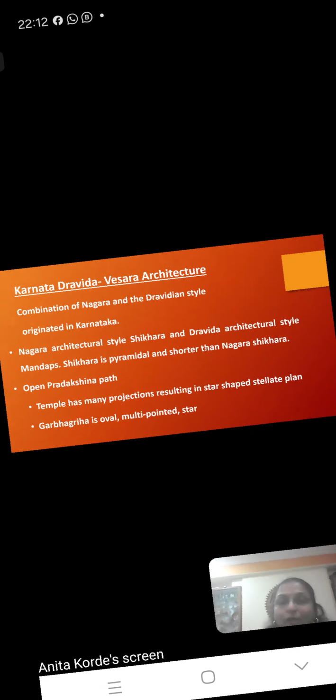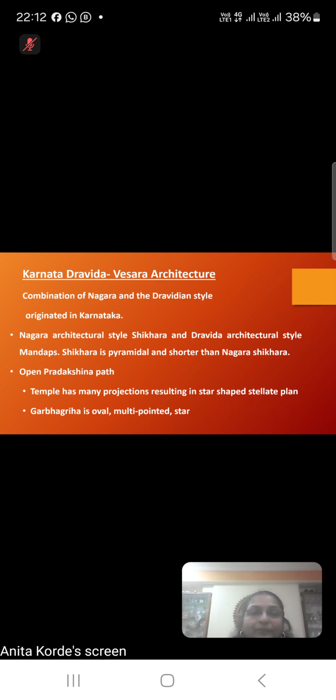As I said, it is a combination of two, and they have an open pradakshina path outside the temple, and the speciality is that the ground plan is star shaped. It gives a stellate shape to the temple. Garbhagriha is oval, multi-pointed, and star shaped again. So we'll have a look at it.